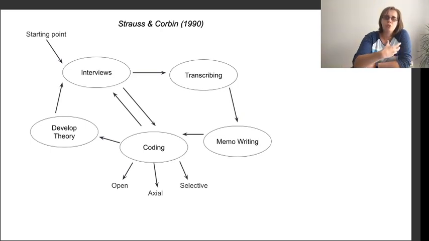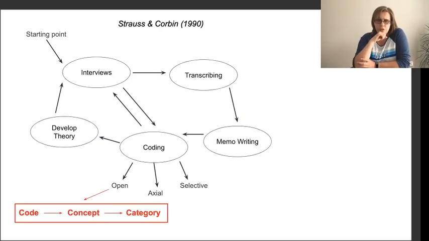You keep memos of observations that you've taken that day. All of those things together, your interviews and your memos, are put into a coding process. That coding process is iterative, so you can keep going round this cycle over and over again. What you do is develop some kind of theory, and at some point you develop a sufficient theory that you can stop.